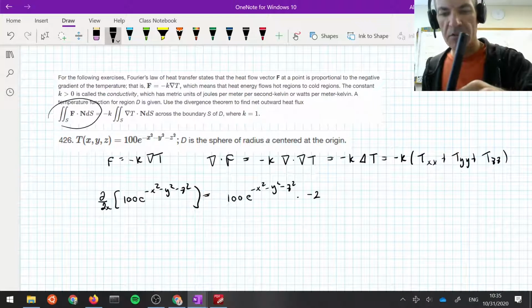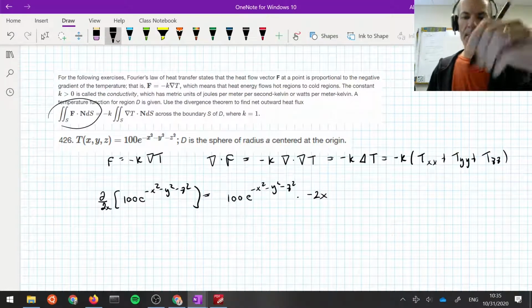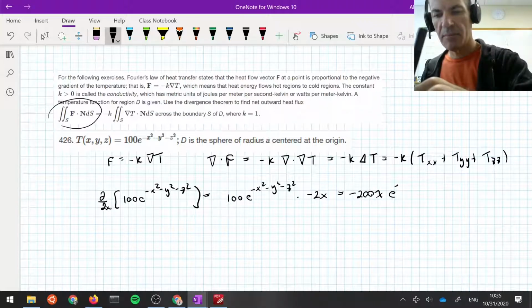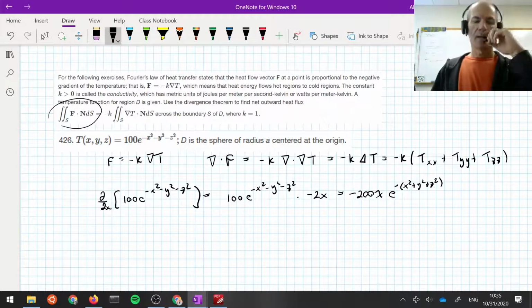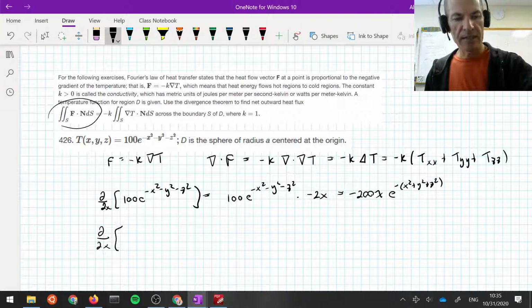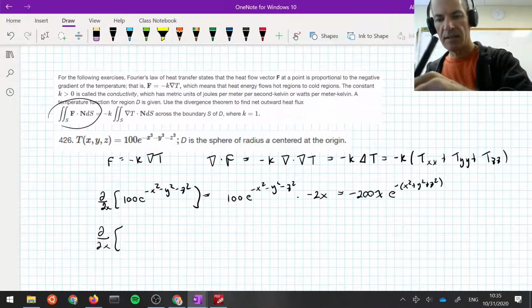So that's a minus 2x. All right, that turns into minus 200x e to the minus x squared plus y squared plus z squared. And we want to take the second derivative. So now we take the derivative with respect to x again of this quantity.